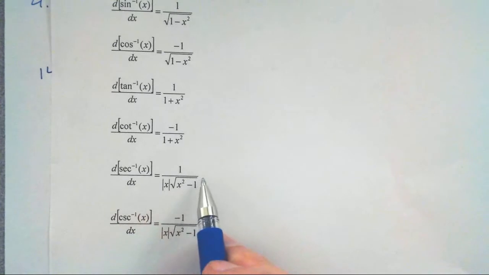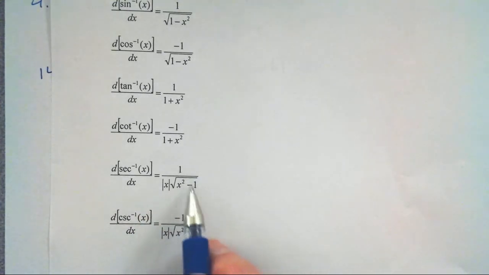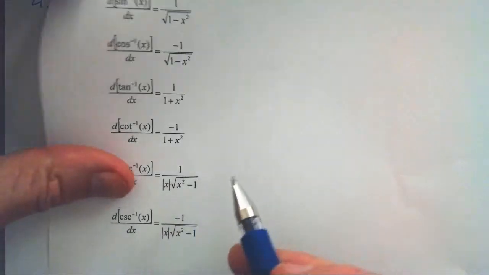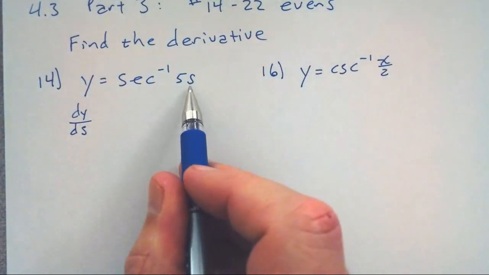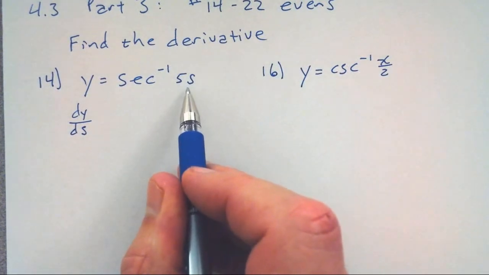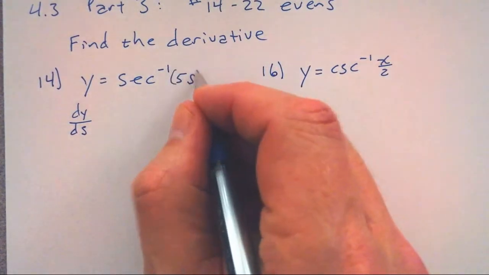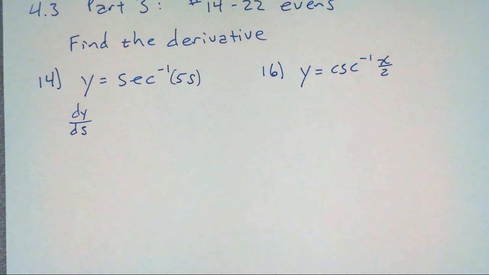Now, understand, we can put times dx/dx here after we take the derivative, and it would just be times 1. But if it's not plain old x, or plain old s in this case, we have to treat it like a chain rule. So maybe you want to wrap parentheses so we can think of that as the baby function.